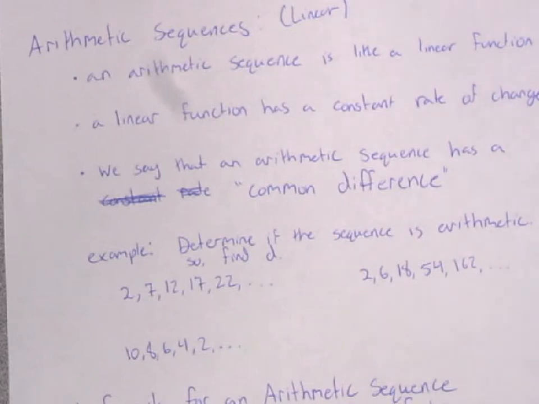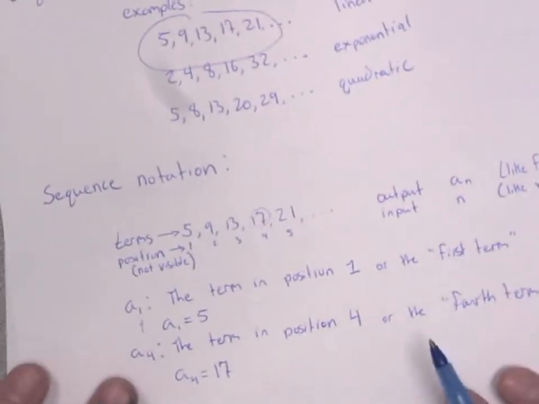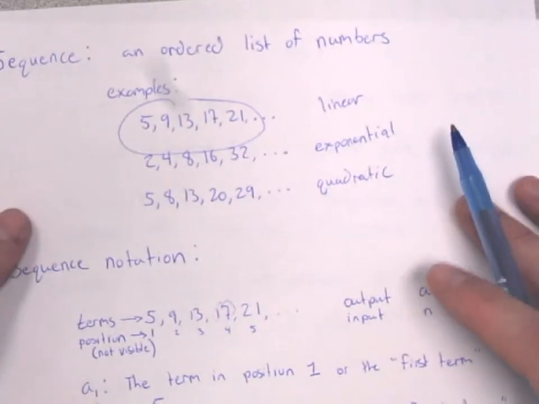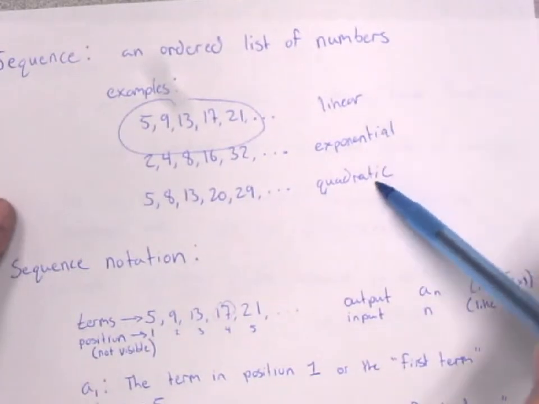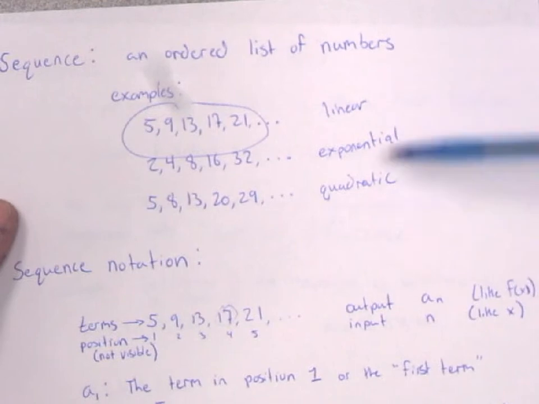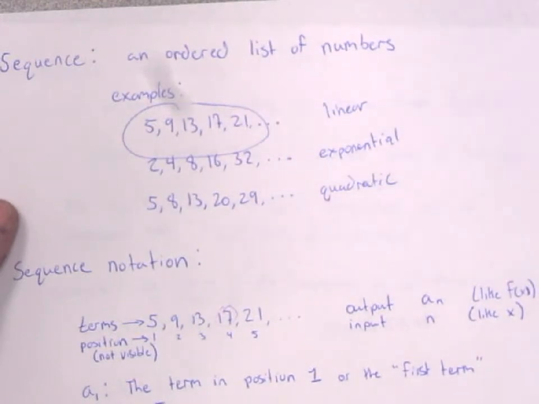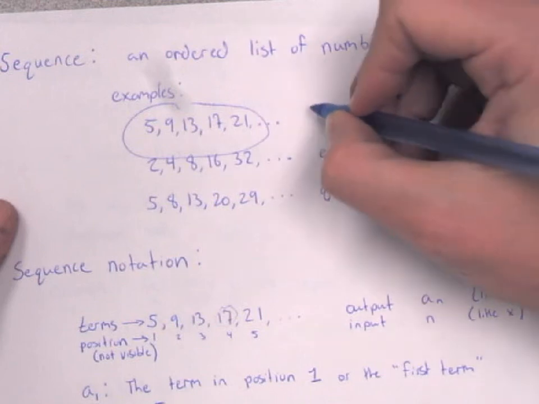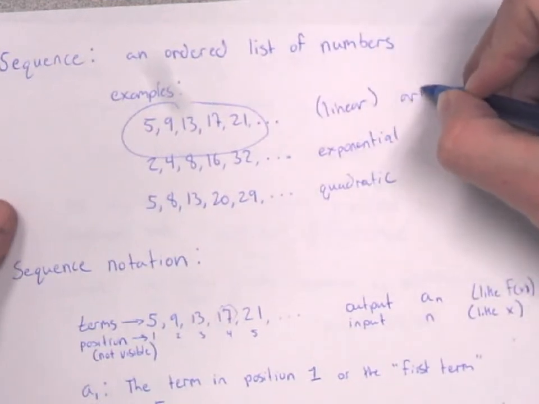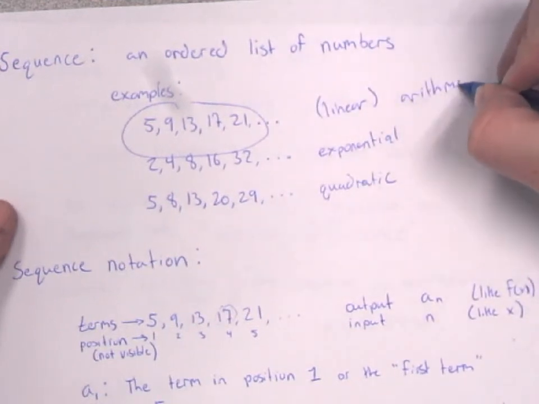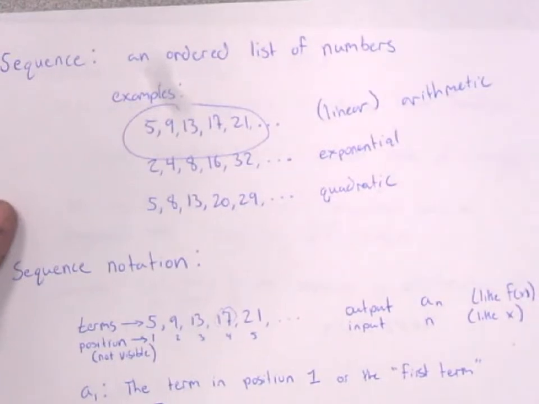Now, linear means line, right? And in sequences you don't really have a line, so you have to use a different word, and we use arithmetic. If we look back at our original examples, we got a linear, an exponential, and a quadratic. We actually use different words to describe that same pattern in sequences. Instead of saying linear, we would call this an arithmetic sequence.